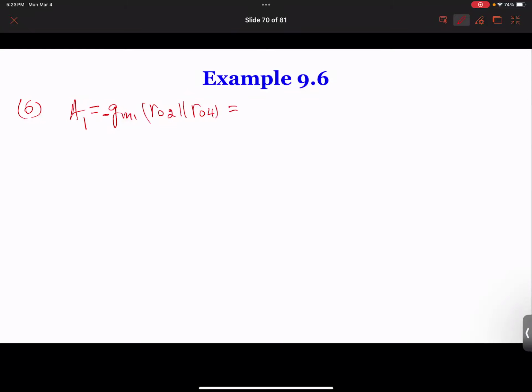We already calculated gm1 is 0.5, and RO2 and RO4 are each 100 kilo ohm. So 100K in parallel with 100K gives you 50K. So 50 times 0.5 gives you minus 25. The gain is always volt per volt. It's amplification: volt comes in, volt comes out.